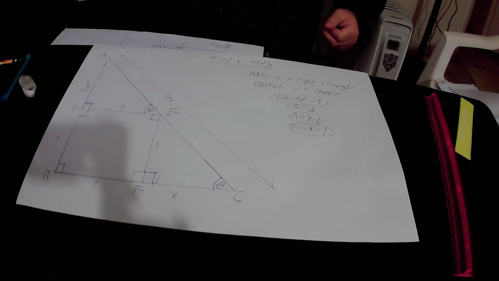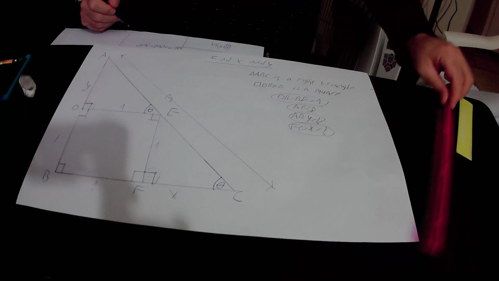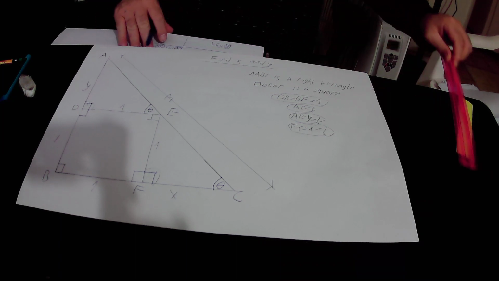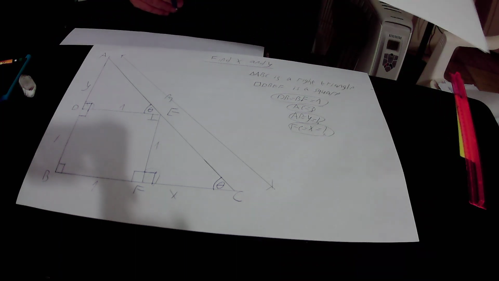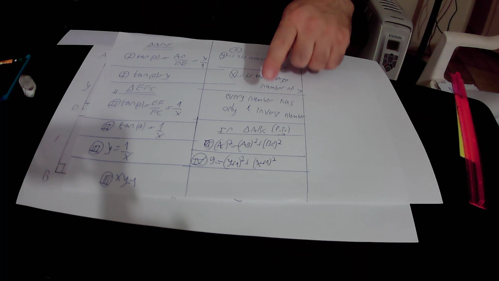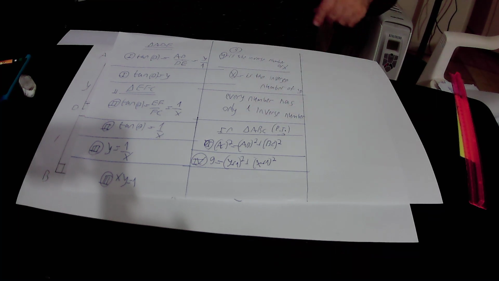Therefore, BC squared will be equal to (x plus 1) squared. So, in conclusion, according to equation number 4, we got that 9 equals (y plus 1) squared plus (x plus 1) squared.